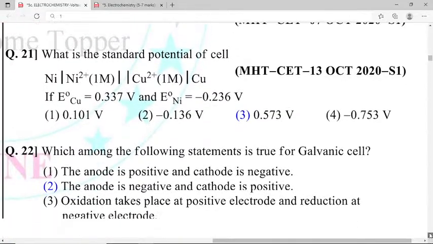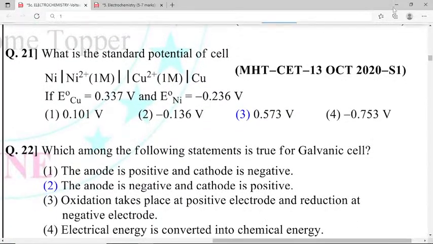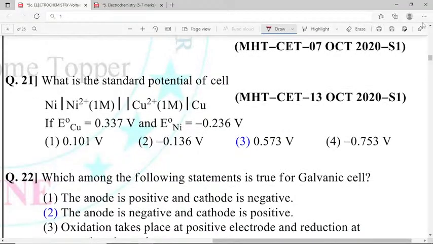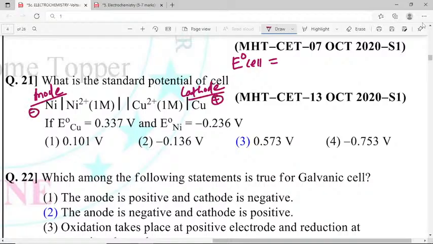What is the standard potential of the cell? Same question, the standard potential of the cell. Now we have solved it. E naught cell is equal to... This is the anode and this is the cathode. Always remember, right side cathode, left side anode. The anode is negative and the cathode is positive. Remember, anode negative, cathode positive. So E naught cell is cathode minus anode.